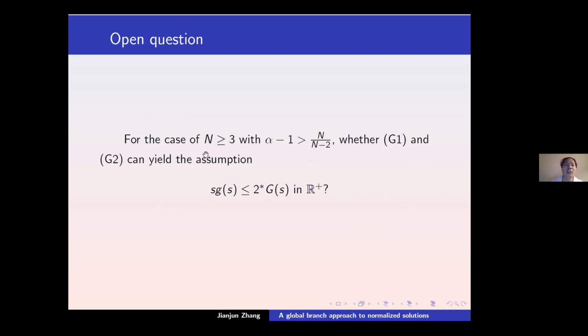For the case of n bigger than 3 with alpha minus 1 strictly bigger than n over 2n minus 2, whether G1 and G2 can give the assumption s times G'(s) is less than 2 star times G(s). If so, we can remove our last assumption G3. But actually now we cannot prove this.